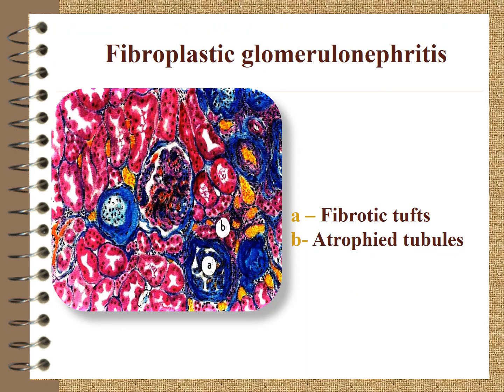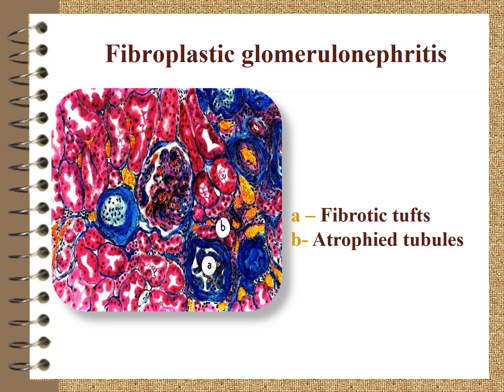These are the microscopic appearances in fibroblastic glomerulonephritis. Some mesangiocytes are converted to fibroblasts and produce collagen fibers. Ultimately, the glomerulus becomes completely sclerosed. This is called nephrosclerosis. The process starts in juxtamedullary glomeruli, but spreads peripherally to outer cortical glomeruli.